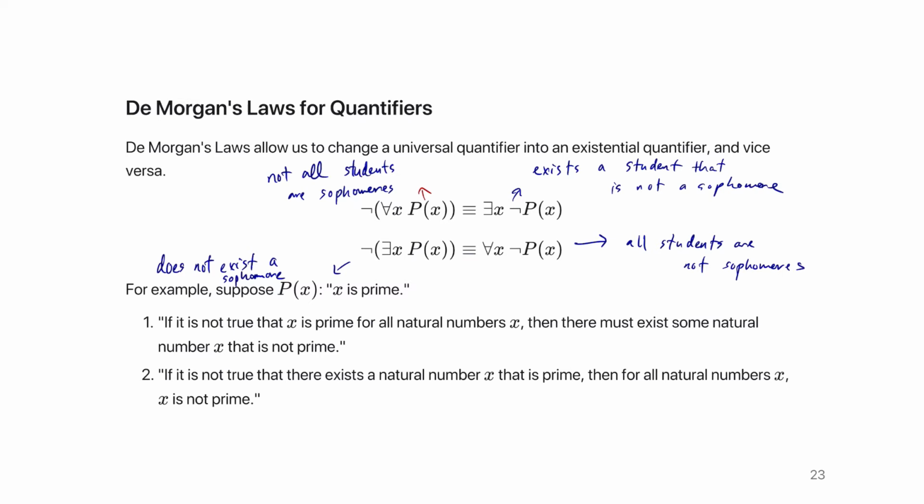Okay, another way of thinking about the last one is no student is a sophomore. No student. Okay?